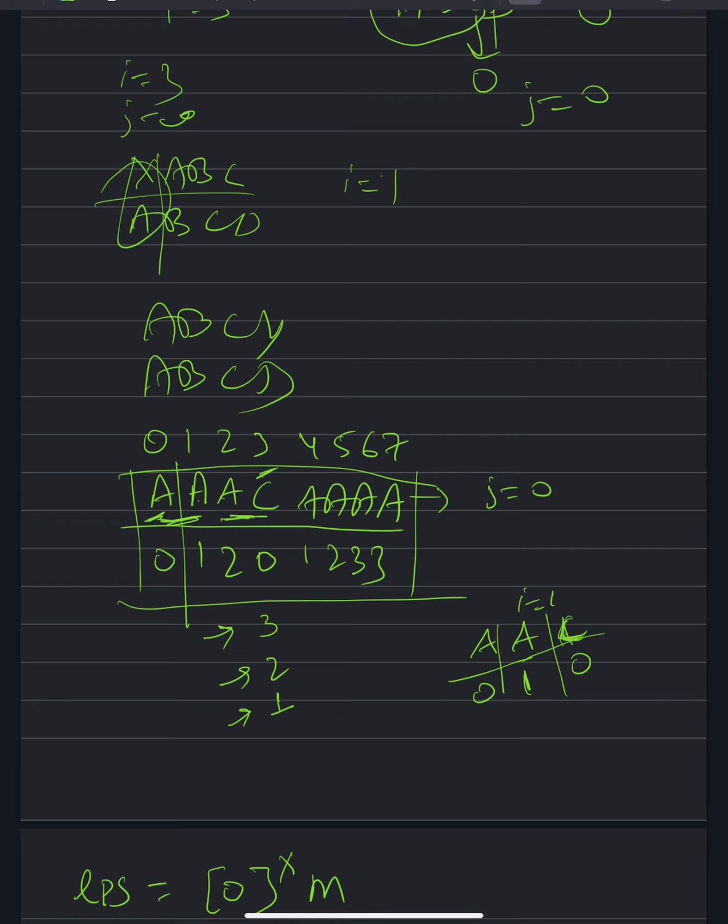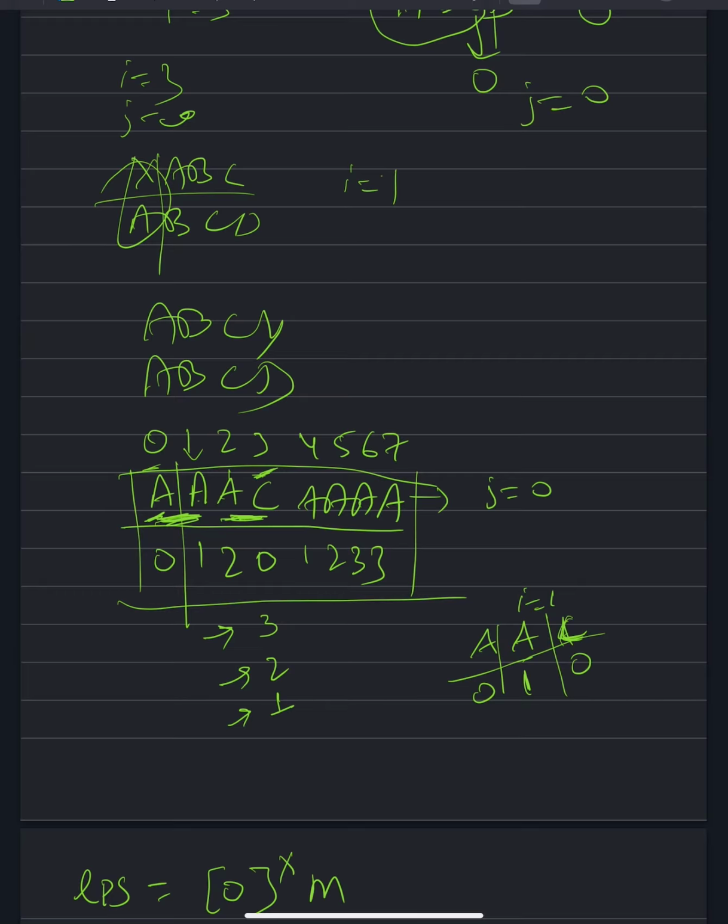The previous is this one, and in this 2 is stored, meaning we are checking if length 2 is possible. But this prefix is not equal to this suffix. Then we stepped back one step, previous equal to 1, and here also A is not equal to C. Hence, the longest prefix suffix is 0.